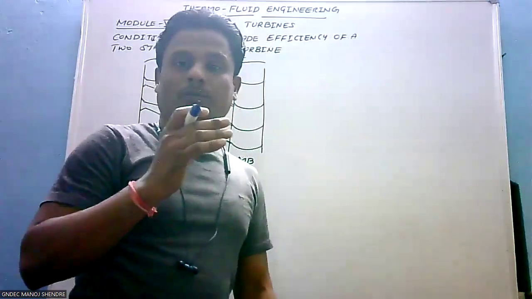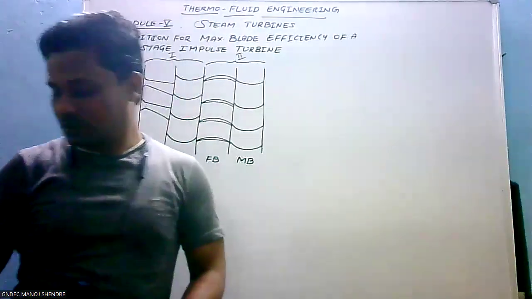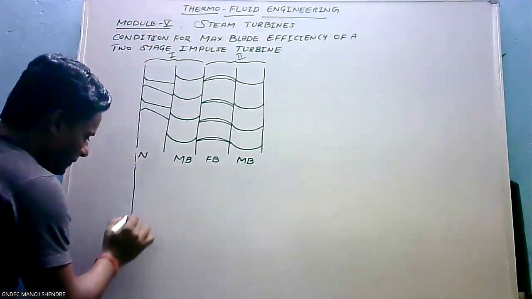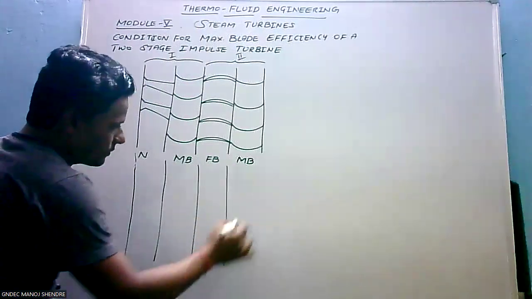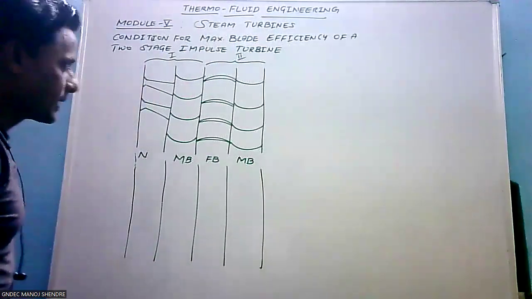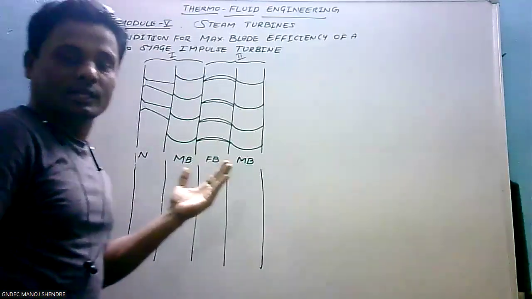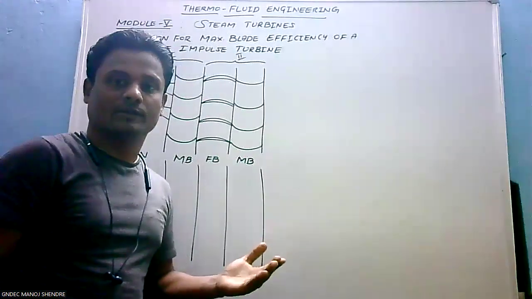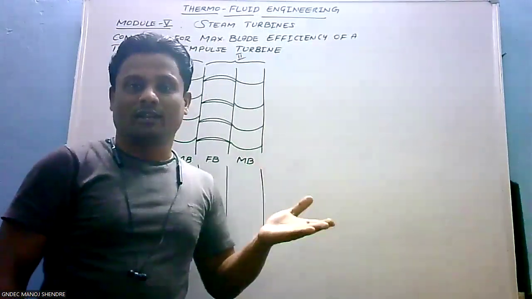Now, how do the pressure and velocity variations take place across the four rows? This figure indicates how the pressure and velocity vary across the four sets of blades. In the first row, as we know, the nozzle is a device which converts potential energy into a high velocity jet upon the drop in enthalpy.